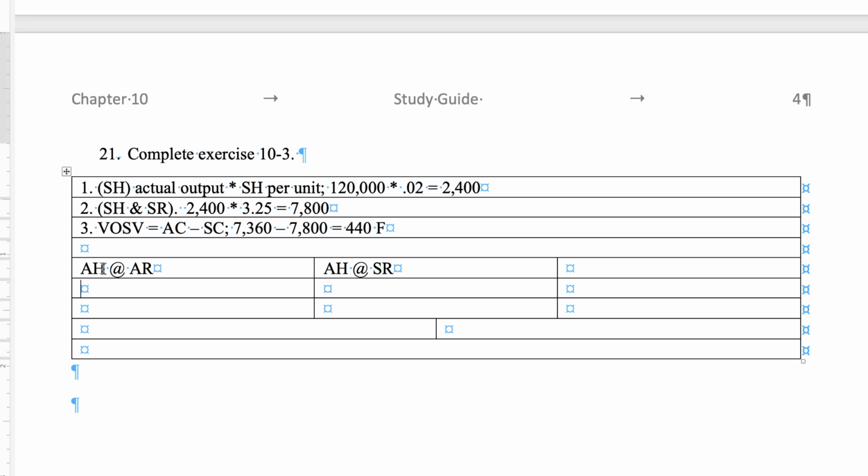Okay? So we already know right off the bat the actual hours incurred is 2,300. What's the actual rate? Well, they don't tell us what the actual rate is. We have to figure that out. How do I figure that out? Well, that's easy. I take my total cost, which they already give us as being $7,360, and I divide that by the actual hours, which is the 2,300 hours.